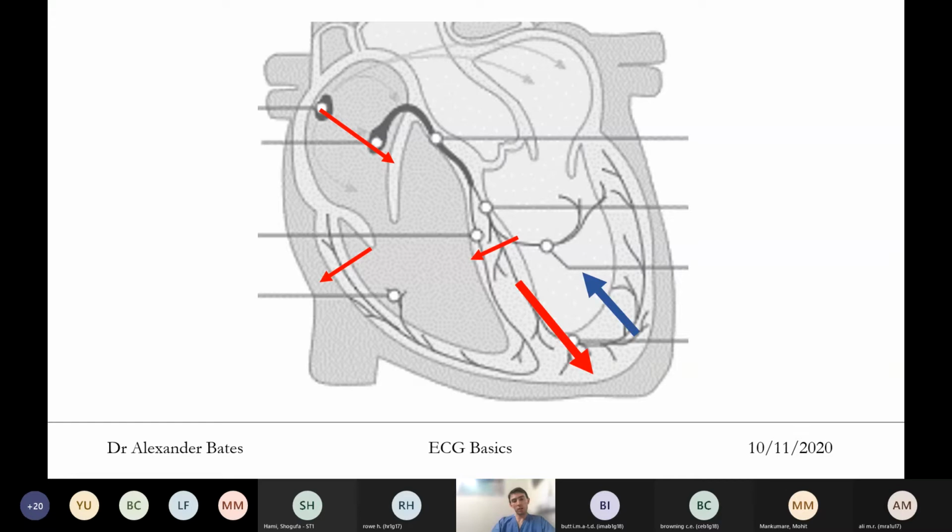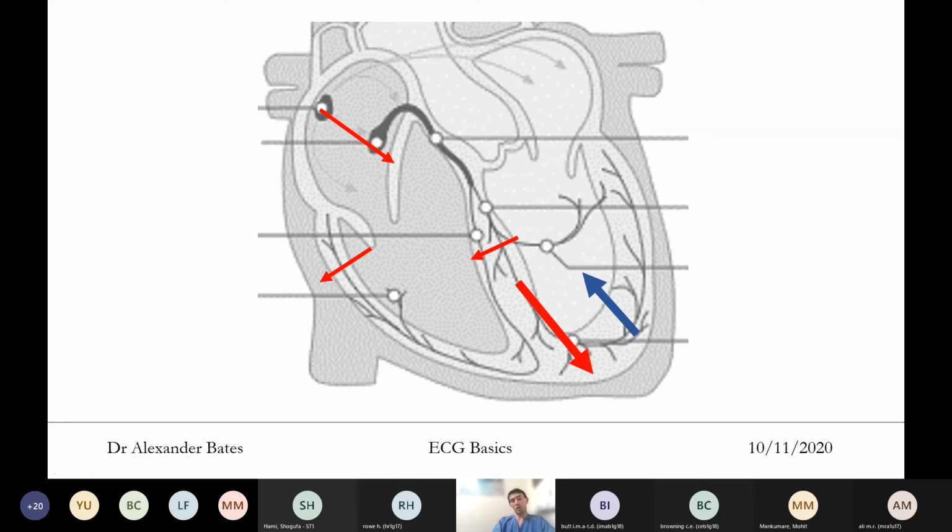The repolarization is now going to occur from where the infarct is occurring, so let's say here, outwards, and therefore if you think about it as a depolarization in the opposite direction, that makes it much easier to think about.